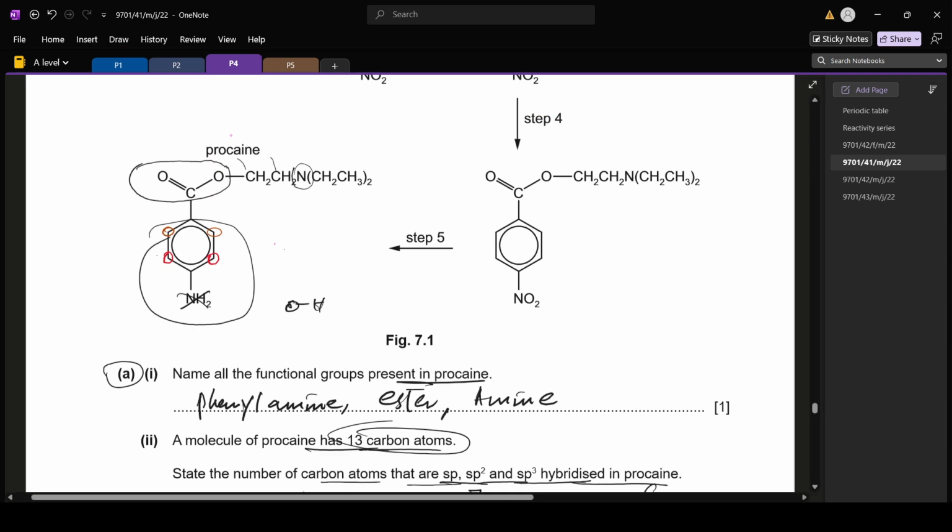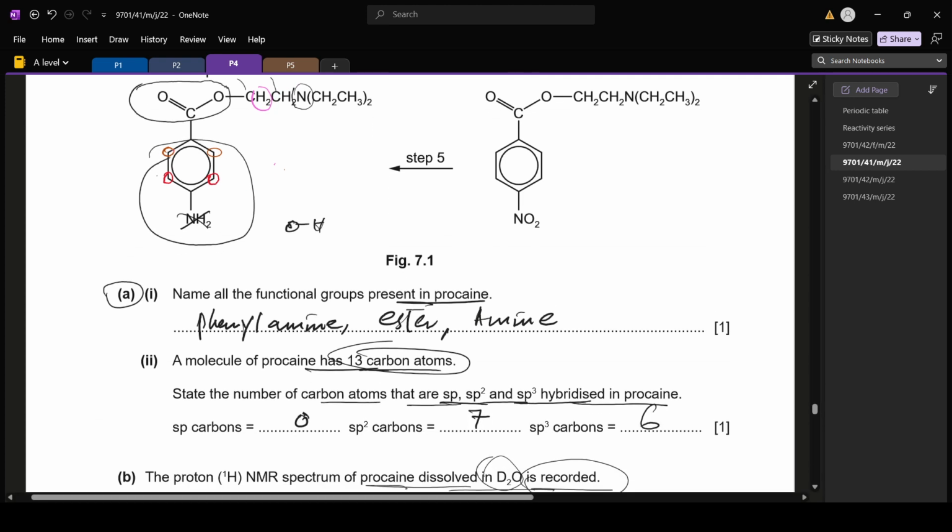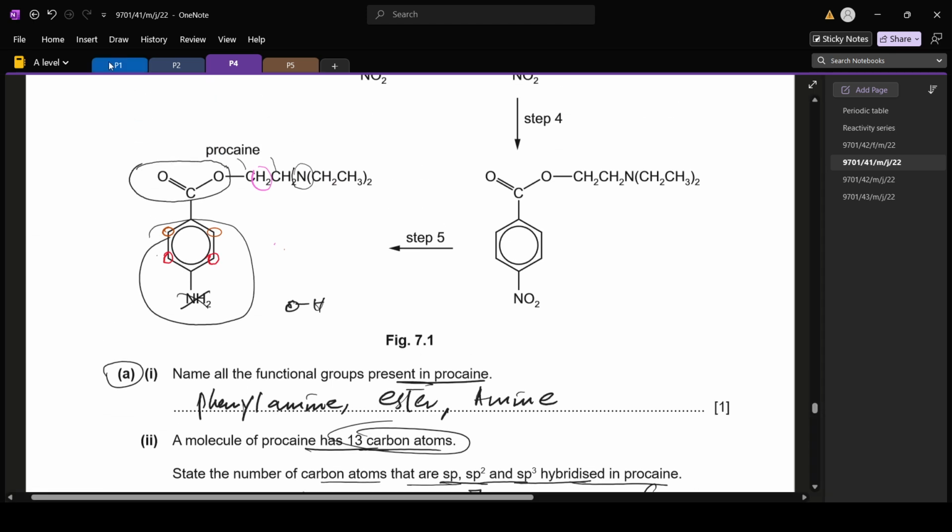Then you will have these hydrogens. Then these, you have these 3, 1 2 3, 4. So then you have this fourth environment, which is this hydrogen. This hydrogen is also in a different environment.